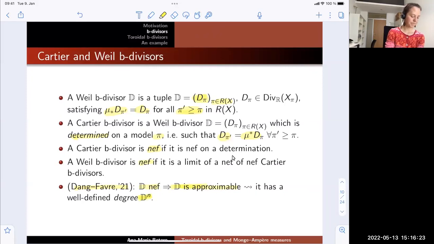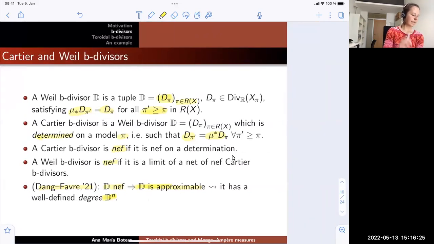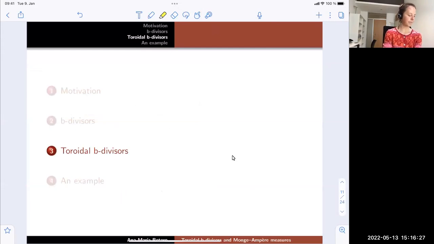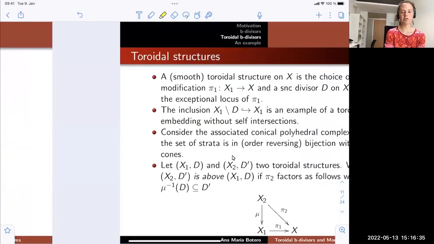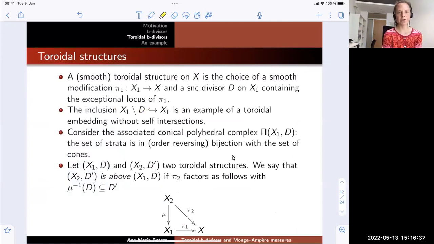Okay, so now I will talk about these so-called toroidal b-divisors. So first, I'm going to say what a toroidal structure is. So a smooth toroidal structure on X is the choice of a smooth modification, pi1, and a simple normal crossings divisor D on X1 containing the exceptional locus of pi1.